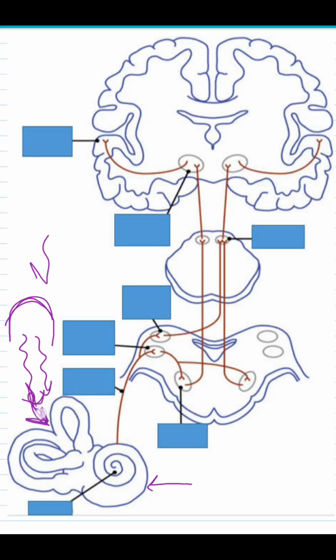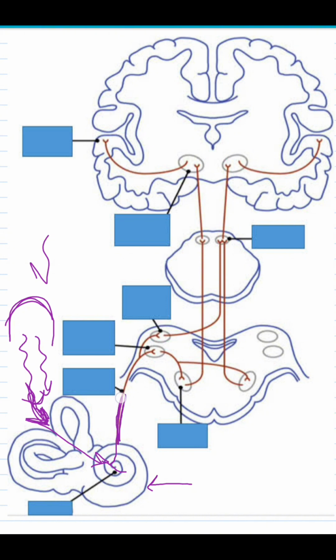The sound waves enter from the outer ear, middle ear, so to the inner ear, till they reach the cochlea, and the cochlea contains what is called the hair cell. When the vibration reaches the hair cell, it vibrates, so the vibration is transformed into electrical current, which is transmitted from the cell to the spiral ganglia, and from the spiral ganglia, leaves the cochlea as a branch of the cochlear nerve.